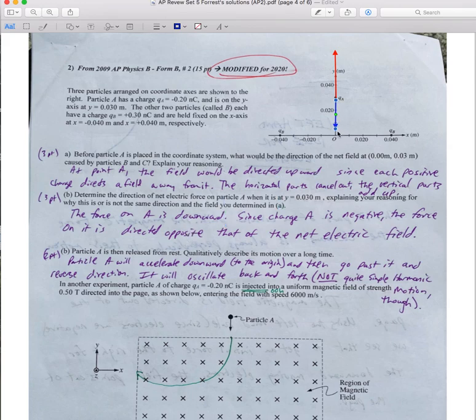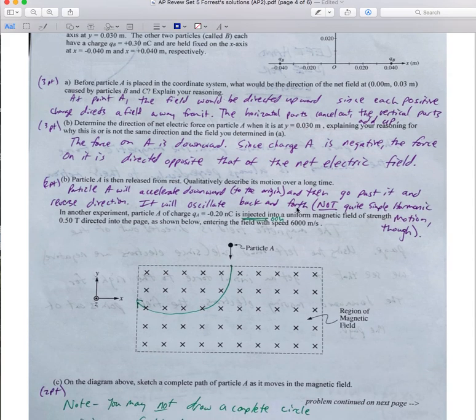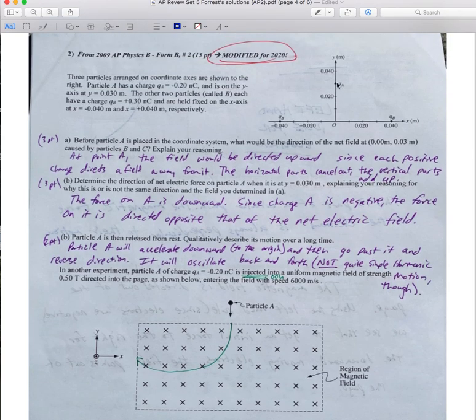The force would point toward the positive. So the force would point downwards, opposite the direction of field for a negative charge. And so therefore the acceleration would be downward. This is going to accelerate downward if you release a negative charge here.